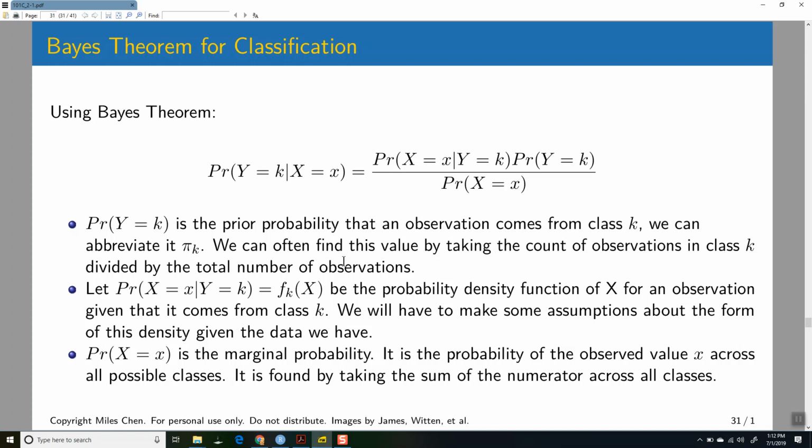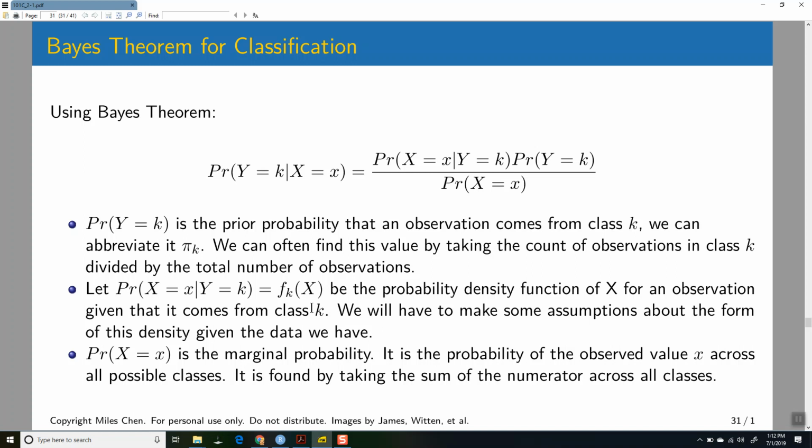And then the other part in the numerator, the probability of x given y, we're going to call f sub k of x, and this is the density function of x for an observation that comes from class K. Okay, so we have to make assumptions to get a density estimate.